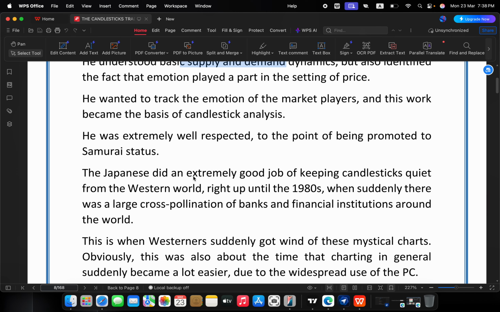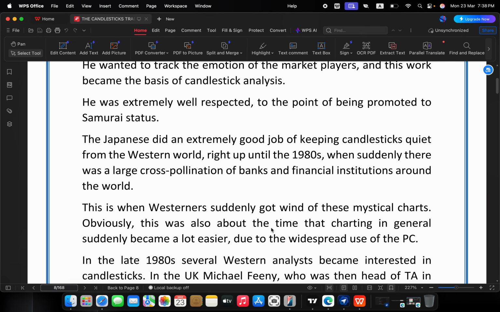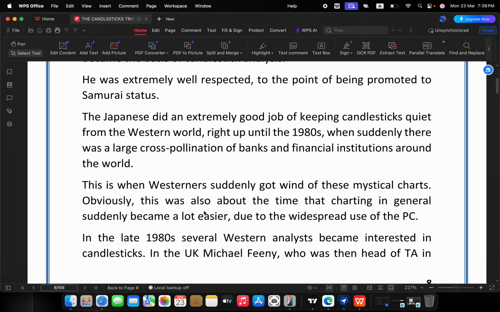The Japanese did an extremely good job of keeping candlesticks quiet from the Western world right up until the 1980s, when suddenly there was a large cross-pollination of banks and financial institutions around the world. This is when the West suddenly got wind of these mystical charts.